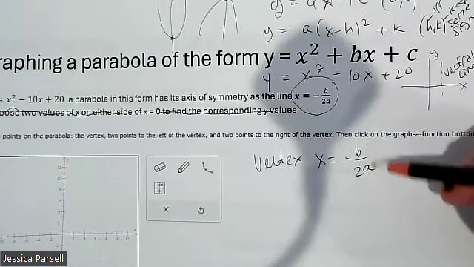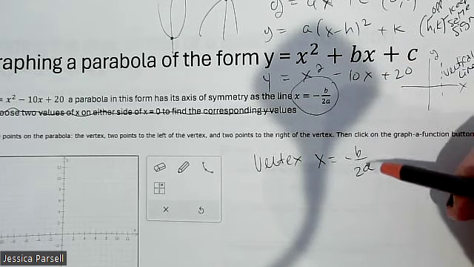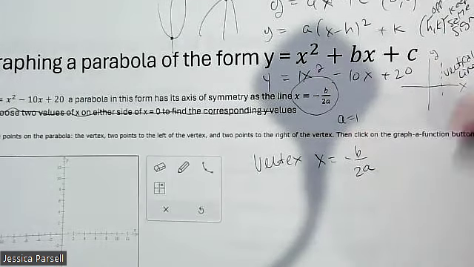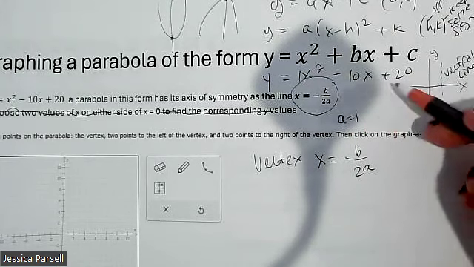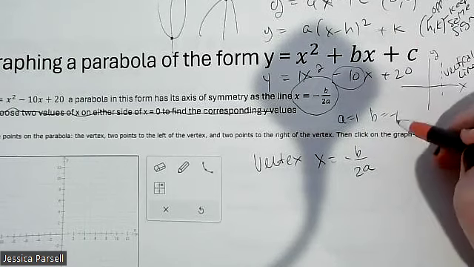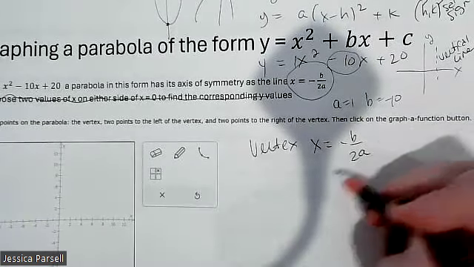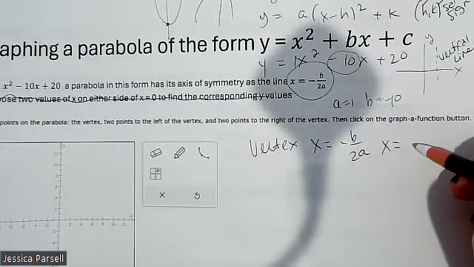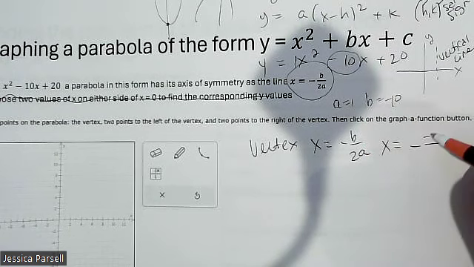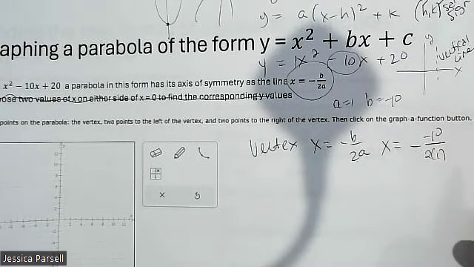Okay, notice it's asking for b's and a's, right? So our a value is going to be whatever coefficient is in front of the squared term. So in this case, it's a 1. And your b value is, of course, going to be whatever's in front of just your x, and that's negative 10. Okay, so let's plug it in. So x is equal to the opposite sign of whatever b is, which for us is negative 10, over 2 times whatever a is, 2 times 1.